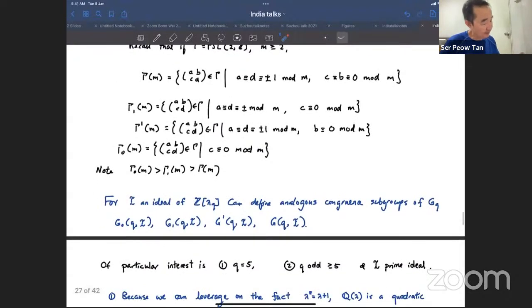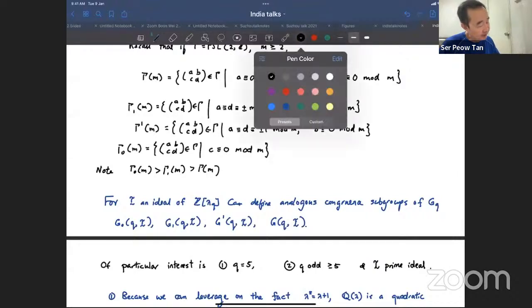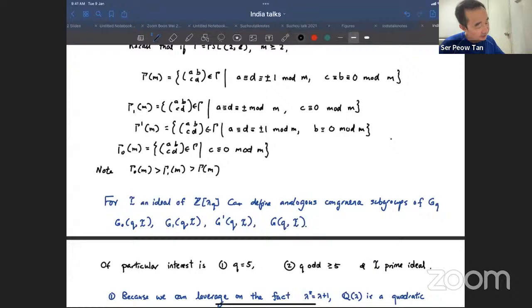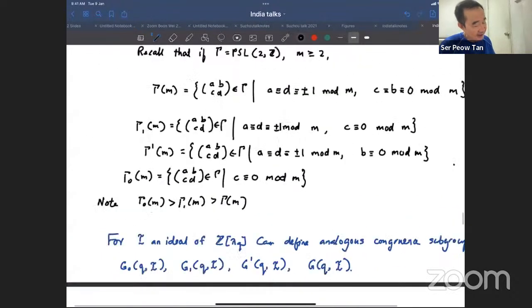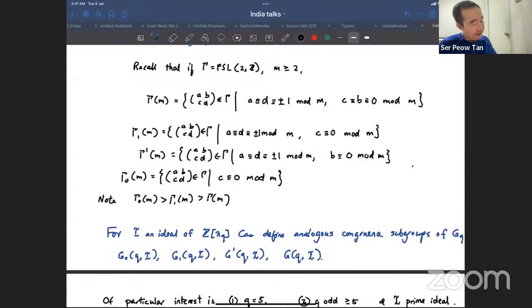Okay, so there's also gamma lower 1 of M and gamma upper 1 of M. Here A is congruent to D is congruent to plus or minus 1, sorry, mod N, and C is congruent to 0.